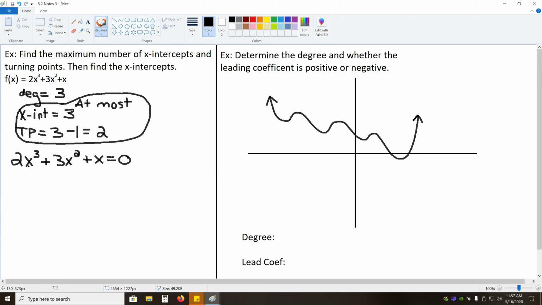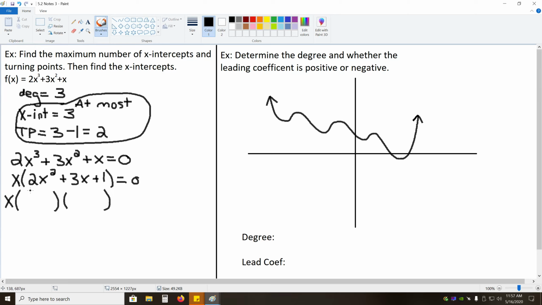If we factor this, we can factor out a common x, which gives us x times 2x squared plus 3x plus 1 equals 0. And now we can factor this as well. We need to factor 2x squared plus 3x plus 1.